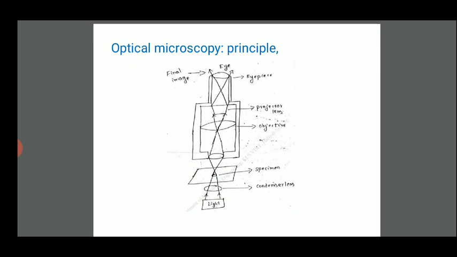So this is the optical microscopy, the principle. It is a type of microscope which uses visible light and a system of lenses to magnify the images of small samples.